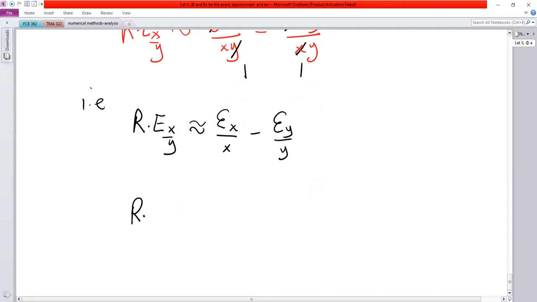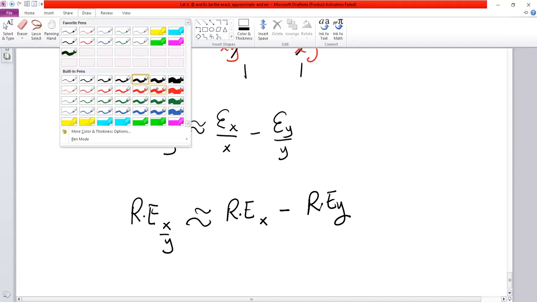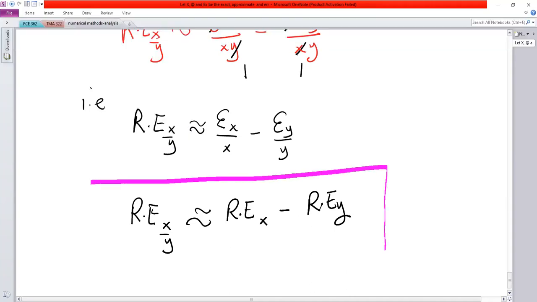So the relative error in x over y is approximately the relative error in x minus the relative error in y. So we are saying that the approximate value of the relative error in x over y is the difference between the relative errors in x and y. Thank you.